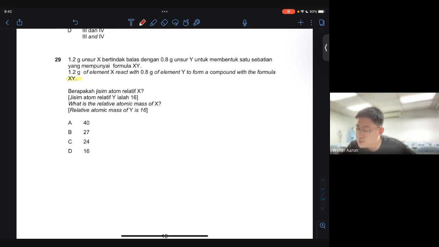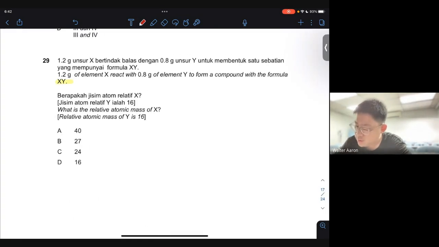So let's take a look at this. Y is oxygen, so the molar mass is 16.